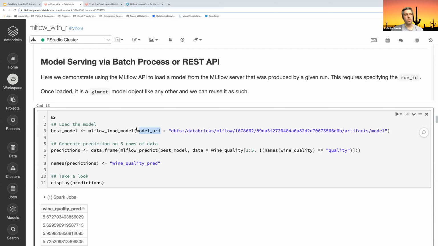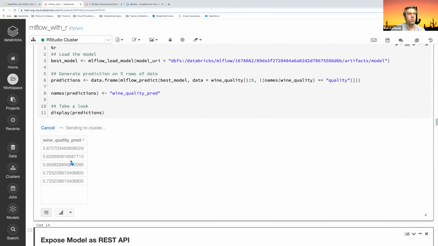With mlflow load model, you essentially point to the path of that model, which on Databricks is going to be this directory and then the unique run ID. You can extract the run ID programmatically, so you don't have to go fishing around in the tracking server for it. That's essentially how you fetch the model object, load it back into memory, and then generate new predictions that way.